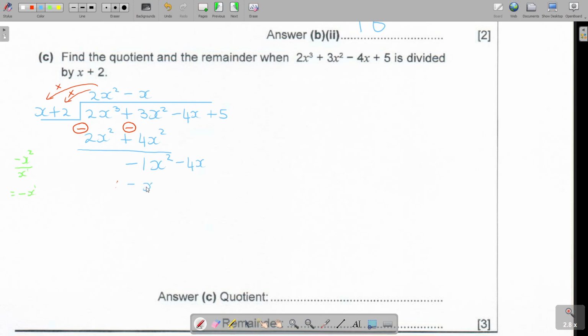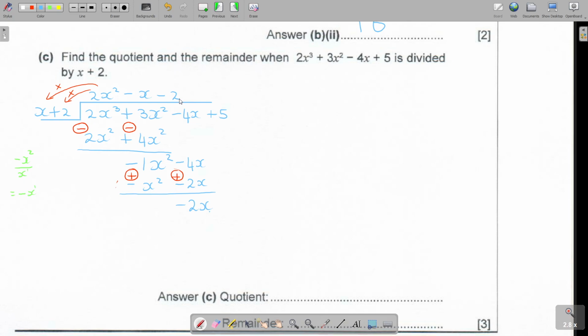I get negative x squared, and negative 2x, and I draw the line and change the signs. So this is going to be positive, positive. Now that cancels, and negative 4 plus 2 is negative 2x. And negative 2x divided by x is negative 2.